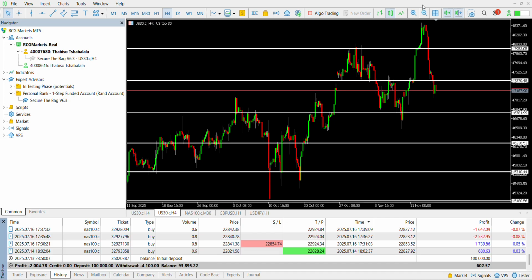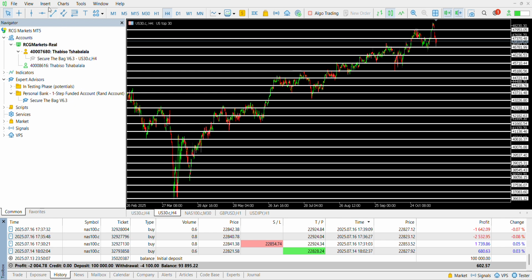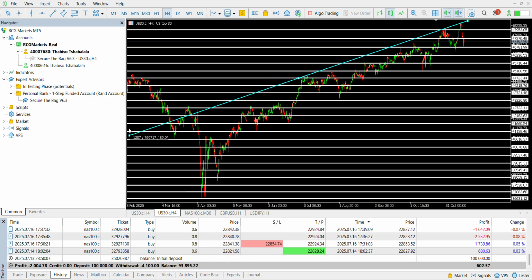Now we're going to add our trend lines. Trend lines are mostly parallel, right? Because trend lines are parallel, let me just change the color quickly. So you have it like this.